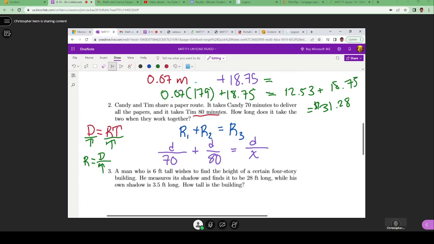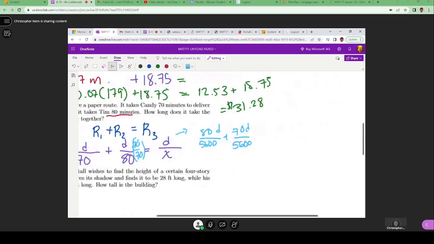Hopefully this looks familiar. These are fractions, so we should know how to solve them. We got to get common denominators. I got to multiply this by 80 over 80, and this by 70 over 70. If I do so, I get 80d over 5,600 plus 70d over 5,600, and this is all going to be equal to d over x.